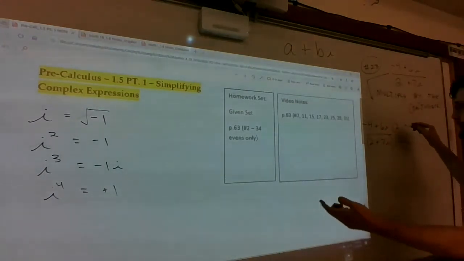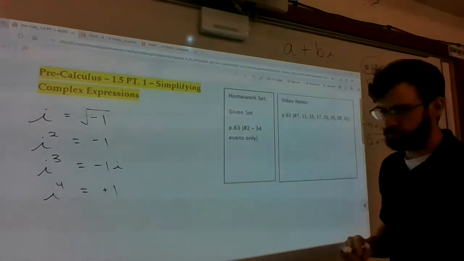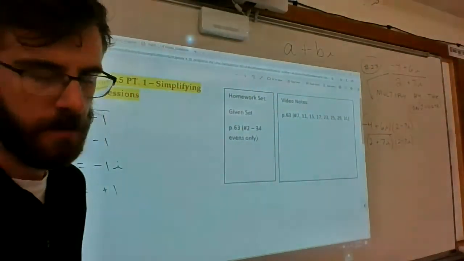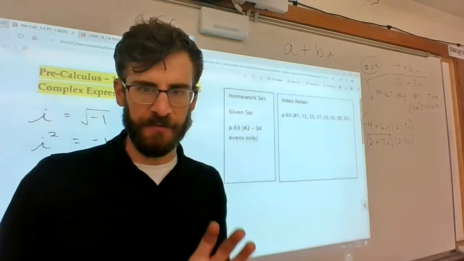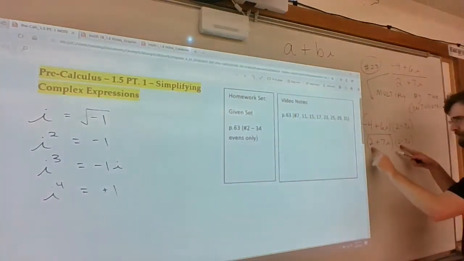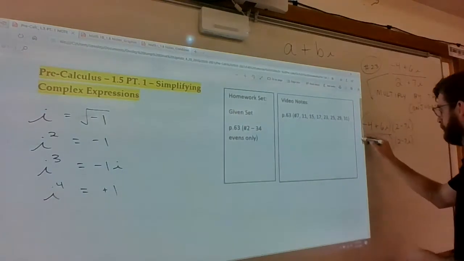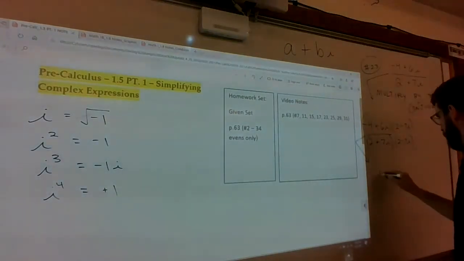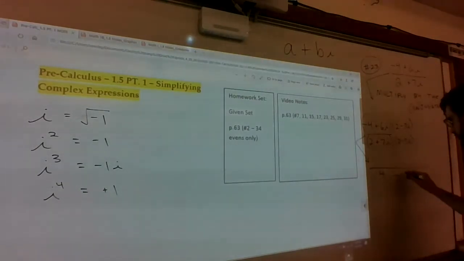You got to do it to the top as well. So here's the deal. The shortcut has been established when it's a difference of perfect squares. All you got to do is square the first. That'll give you 2 times 2, 4. Square the last, it would give you negative 49i squared.